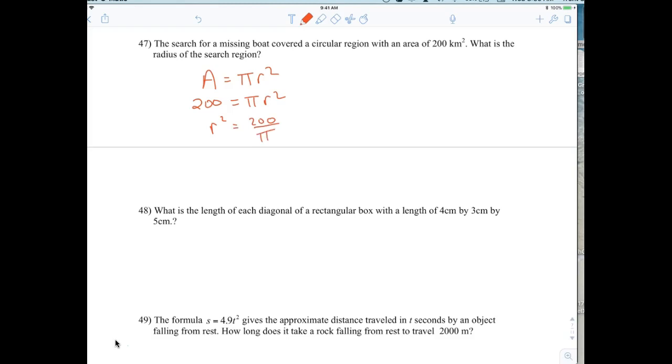And then what do I need to do? Take the square root. So the approximate radius would be, and you just type in on your calculator, the square root of 200 divided by pi. And what was that? 8 something? What is it?